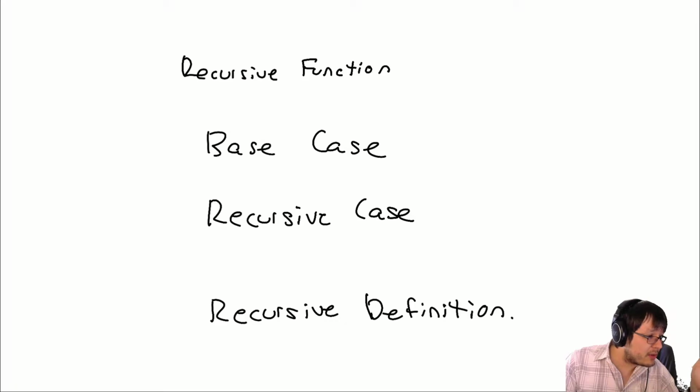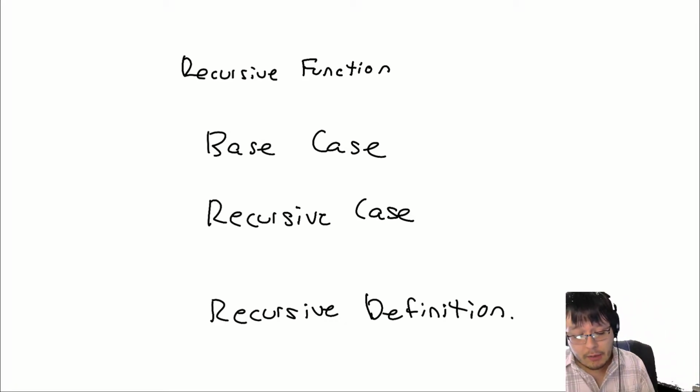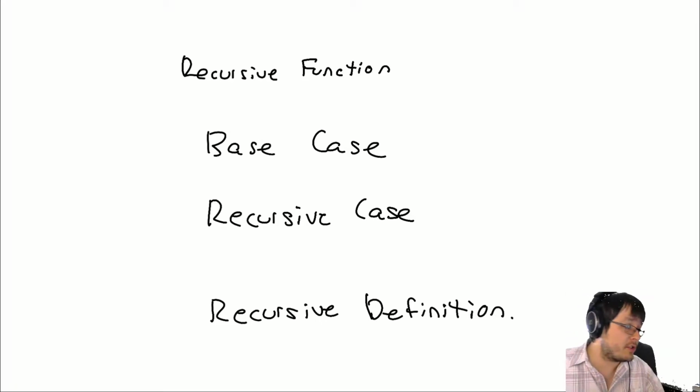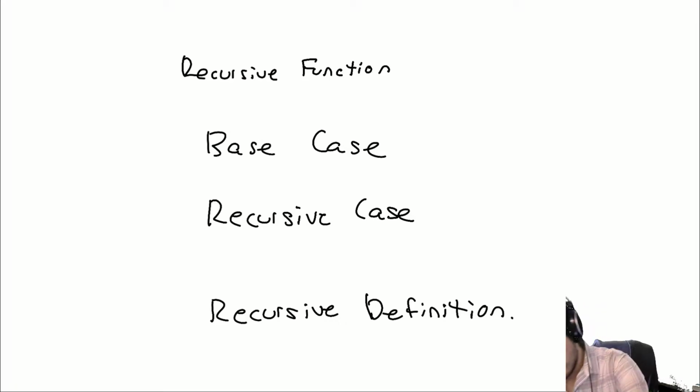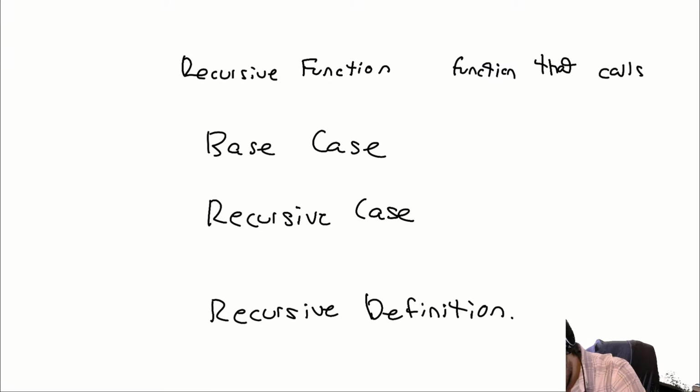They are calling general case the math formula, but I'm not going to put that because that sounds weird. So a recursive function is basically a function that calls itself. So we're going to put that in here. Function that calls itself.